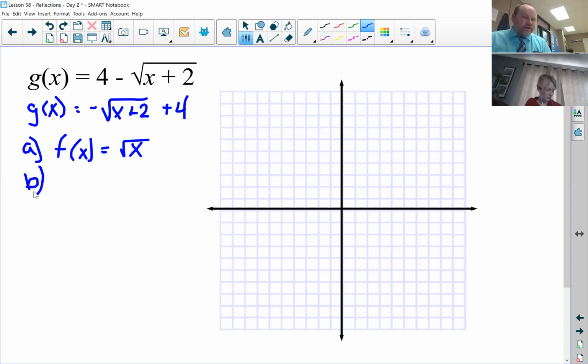All of the different transformations. And again, this is a case where you could list them in just about any order you wanted to, and your answer would be correct.